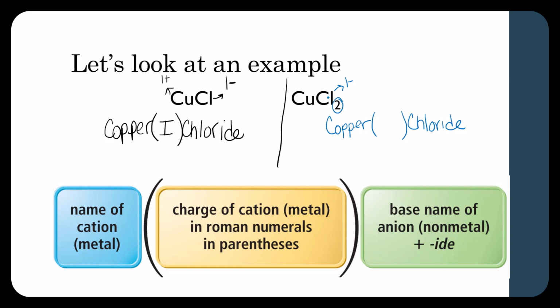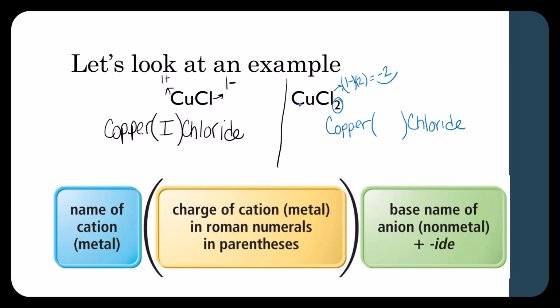But now we see that there are 2 chlorines. Each chlorine brings a -1 to the table, and there are 2 of them. So altogether, that's a total of -2 charge.